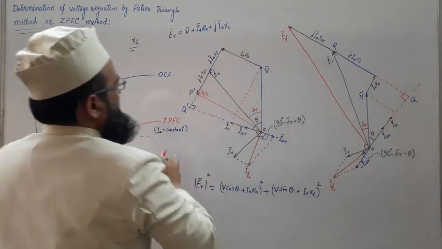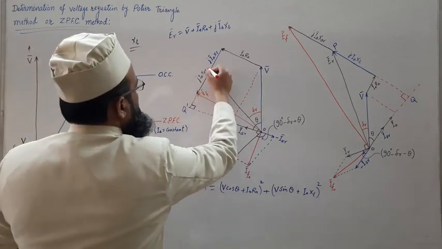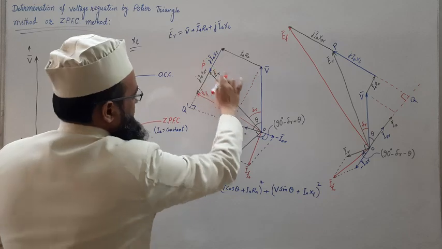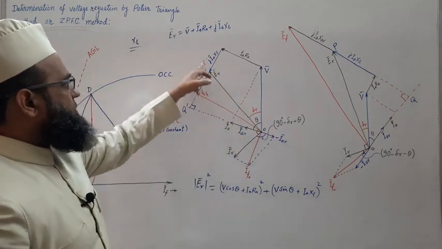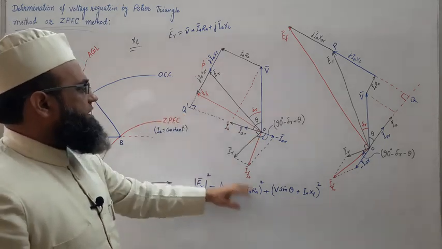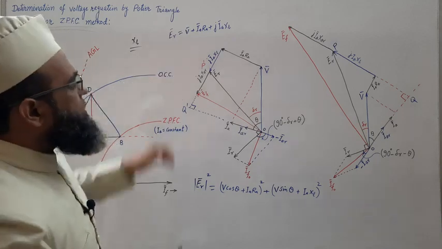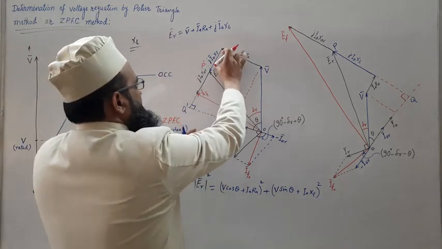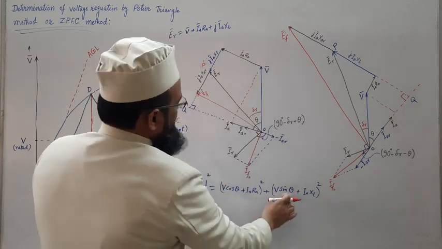So this may be written as this minus, not P dash, we want to write Er, right. So our P dash will be here, somewhere here. This is Er, right. So in this right angle triangle O P dash Q dash, this OQ dash square we have written, and then next will be P dash Q dash square, and P dash Q dash is nothing but this length minus this length, and this length is nothing but V sin theta, the same V sin theta.